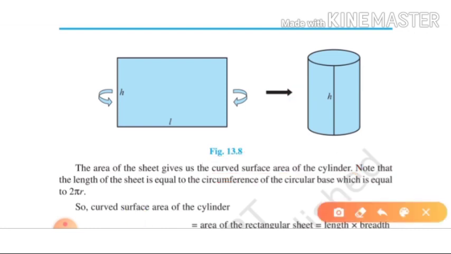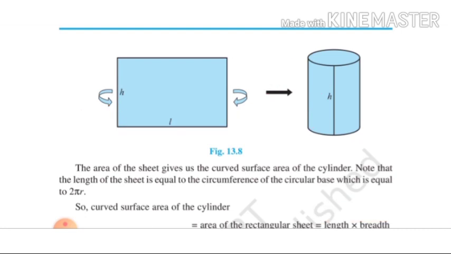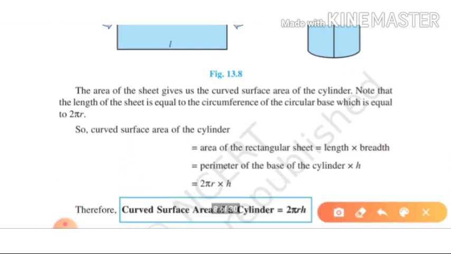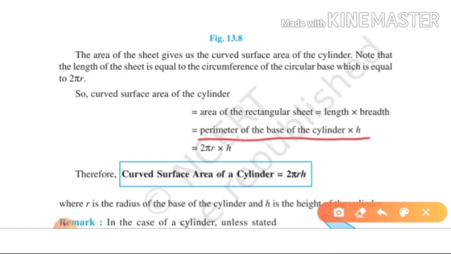Now if you can see, it is formed from this rectangle, so these two areas will be equal. We can say this curved surface area of a cylinder is equal to the area of the rectangular sheet, which is L into B. And here L into B means length into height, so here it is L into H actually.